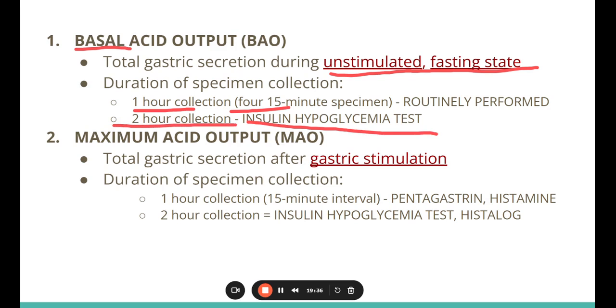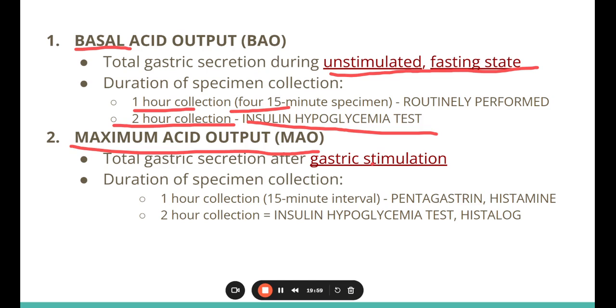So after aspiration of gastric fluid for the BAW, the patient will be injected with a chemical. And once the chemical is injected, the stomach will produce an acid. And this acid that is produced after the injection of that chemical is called the MAO, or the maximum acid output.